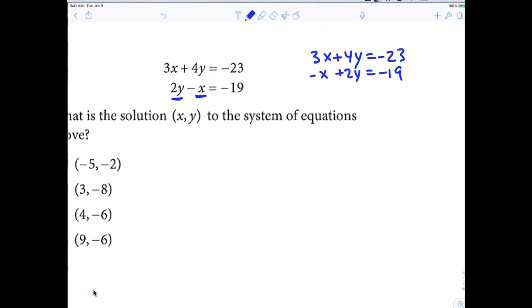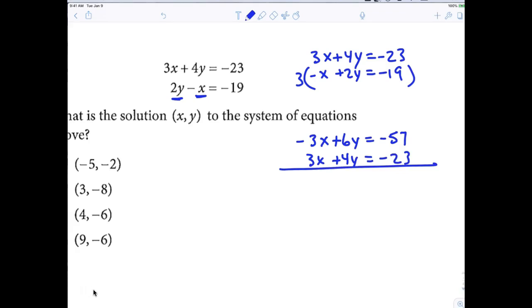Now, for me, the easiest thing to do would just be to multiply the second equation by 3. You agree with that? And that'll eliminate the x. So when I multiply that, that becomes negative 3x plus 6y equals negative 57. And then I bring down 3x plus 4y equals negative 23.